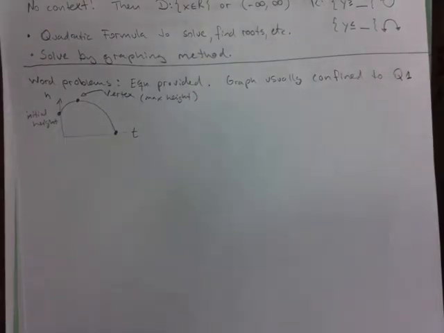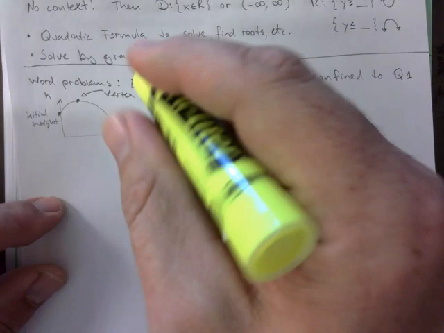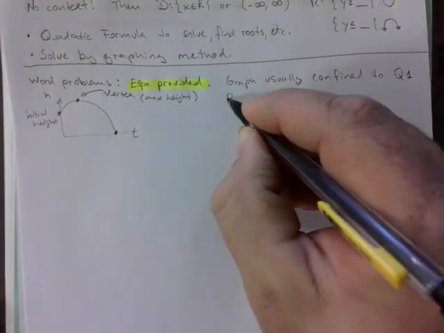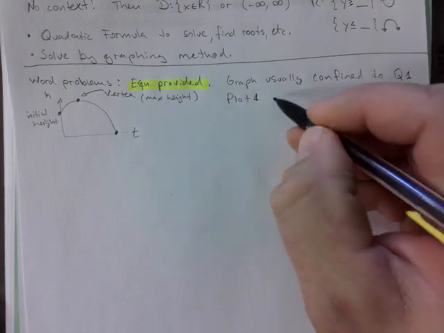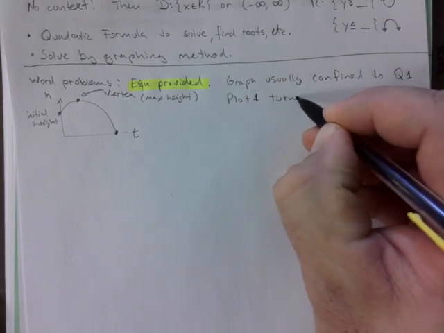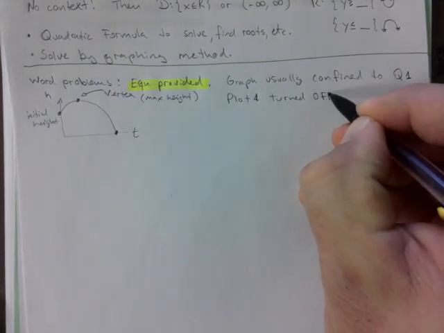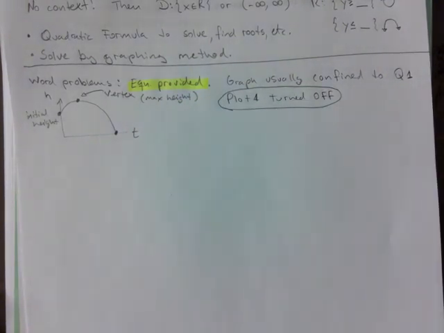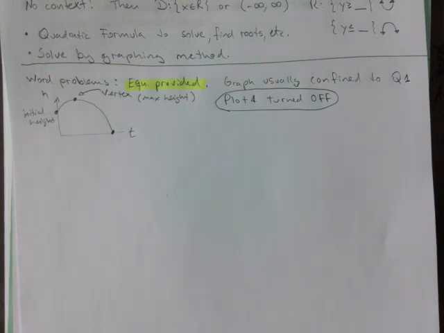If the equation is provided, you want plot 1 turned off. You want plot 1 turned off if the equation is provided.